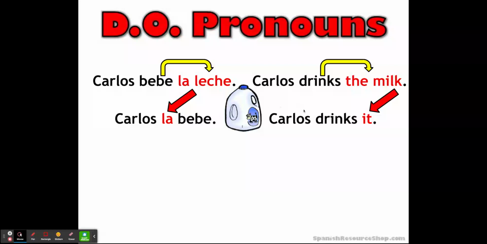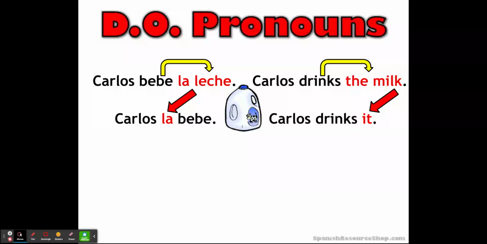Now, this is different from English. Carlos drinks it, at the end. We place it in front of the conjugated verb for a one-verb sentence. So pay attention to that. You're going to see that when there are two verbs, you can simplify sentences in two different ways.